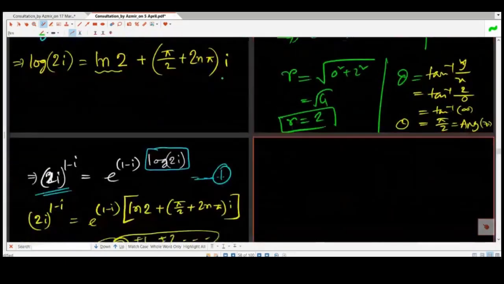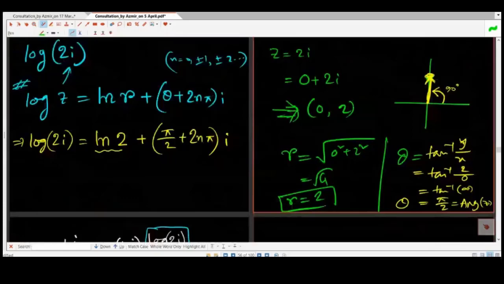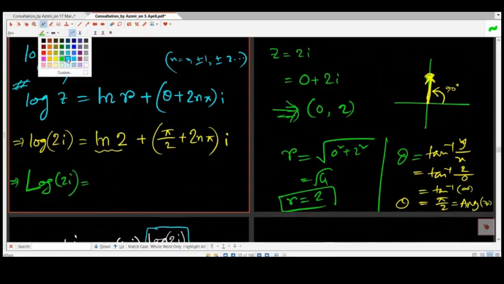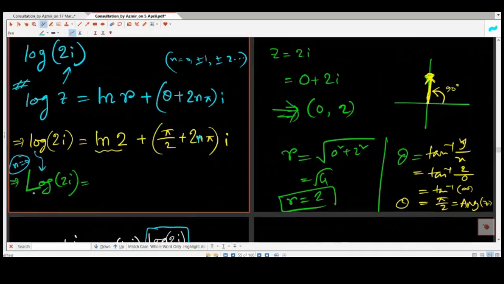We know that from small log, if we need to have capital Log, then we need to input n equals 0. So if n equals 0, then small log will become capital Log. That is, complex logarithm will become a single valued function, the principal value of complex logarithm.